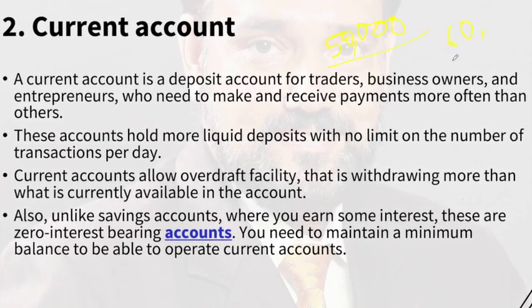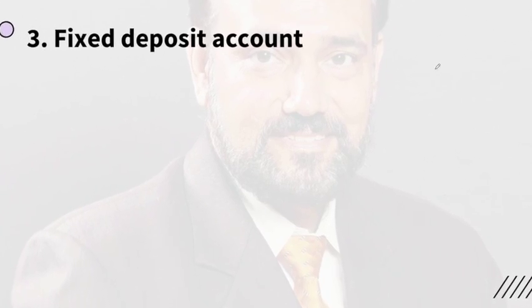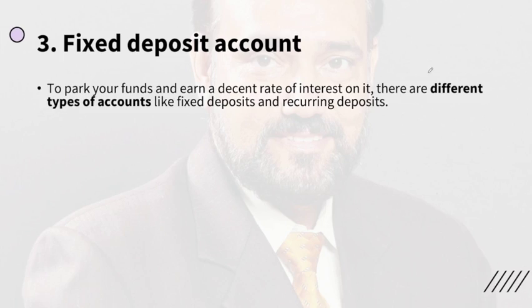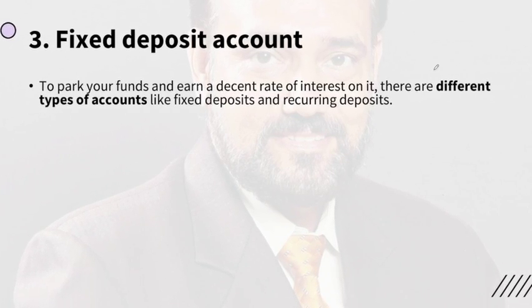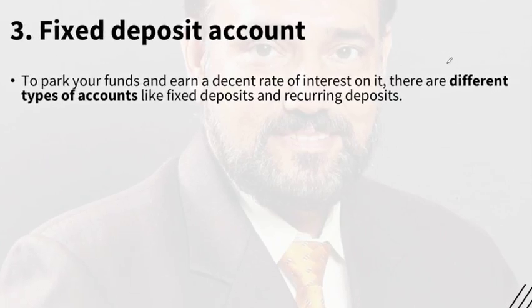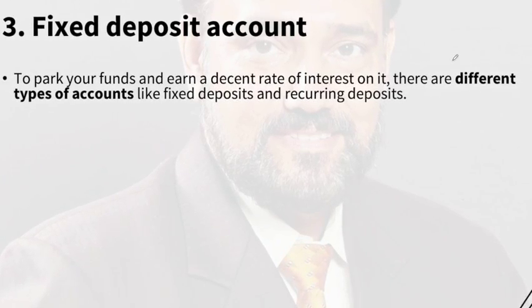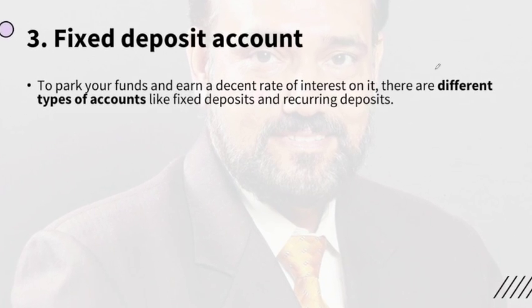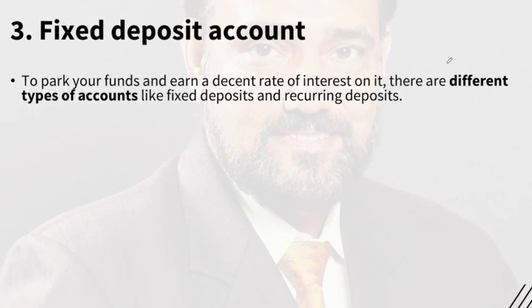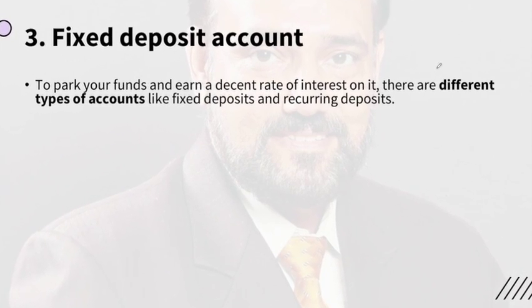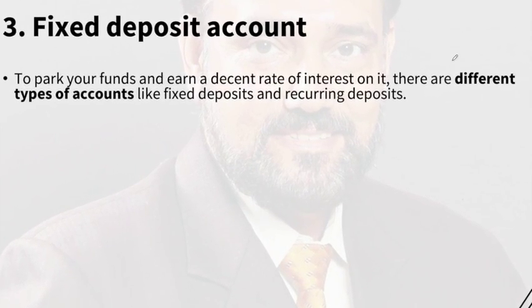Now let us talk about the fixed deposit account. See, if you have extra money and you are not going to use it in the near future, you know that for at least 3 years, or 3 months, I don't need it, you can park this extra fund in a bank account and earn a high rate of interest in comparison to a savings account.